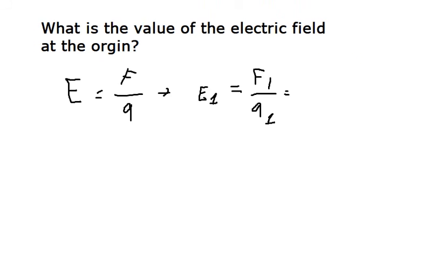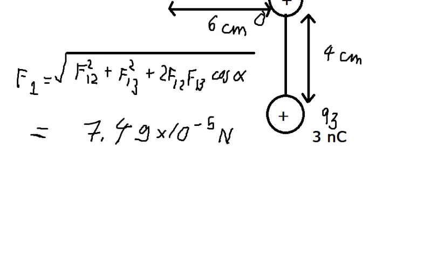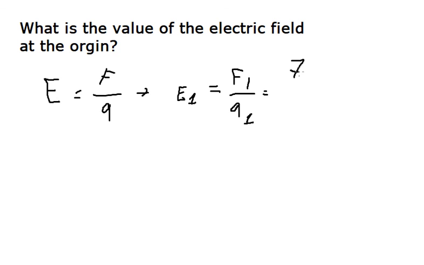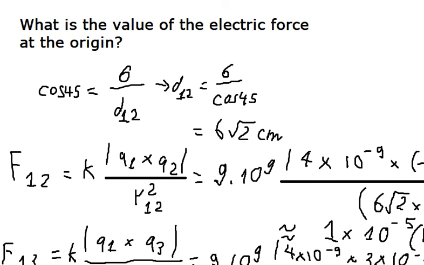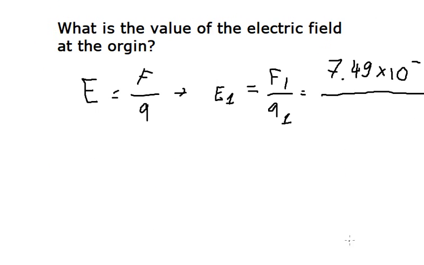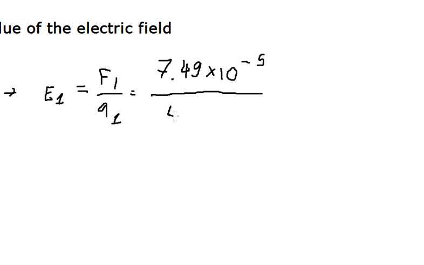F1 we just calculated in here, that's 7.49 10 to the power of negative 5. And Q number 1 is the given number in here, and this is 4 nC, and we put 4 multiplied with 10 to the power of negative 9, and we got the final answer in here.